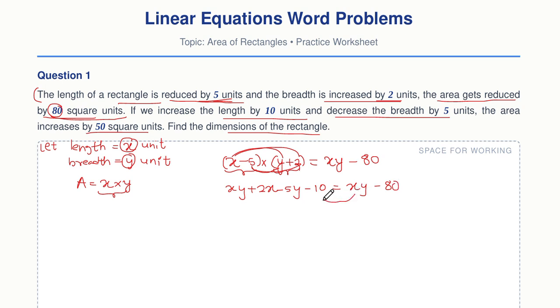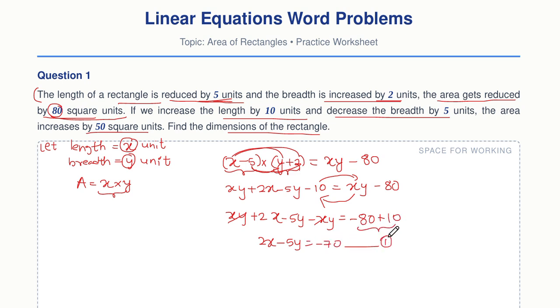If we take this xy to the left hand side and this minus 10 to the right hand side, we get xy plus 2x minus 5y minus xy is equal to minus 80 plus 10. So xy minus xy gets cancelled, and what remains is 2x minus 5y is equal to minus 70. So this is our equation number 1.